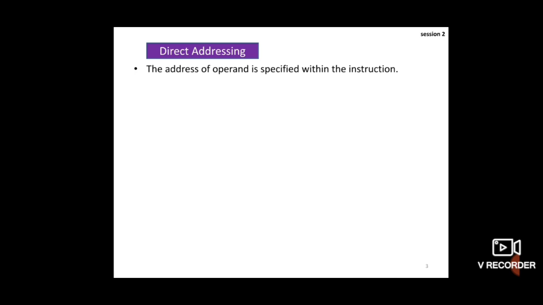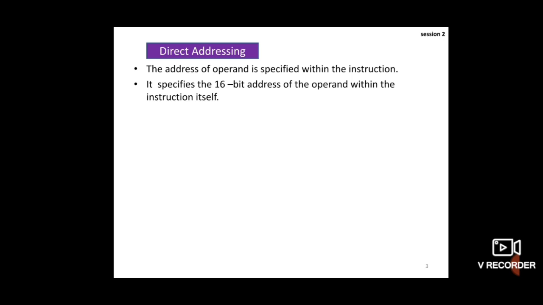You know very well that operand means either data or address. So the address is given directly in the instruction. It specifies the 16-bit address of the operand within the instruction itself.